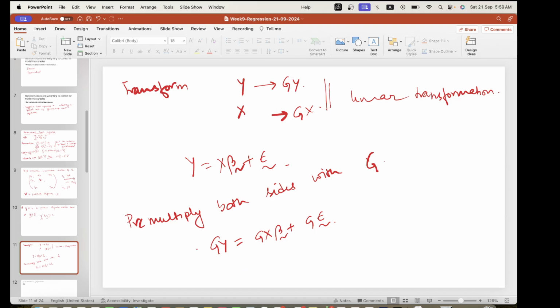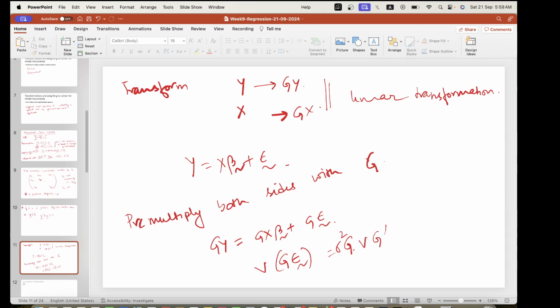Now for this equation, if we find the variance of G epsilon, that is equal to G sigma square, and sigma square is a scalar, so it will come out. So G V G prime.